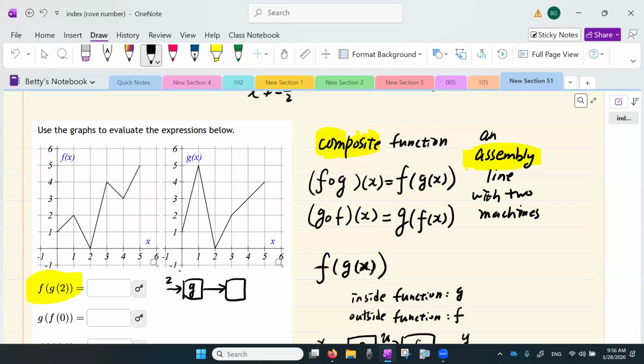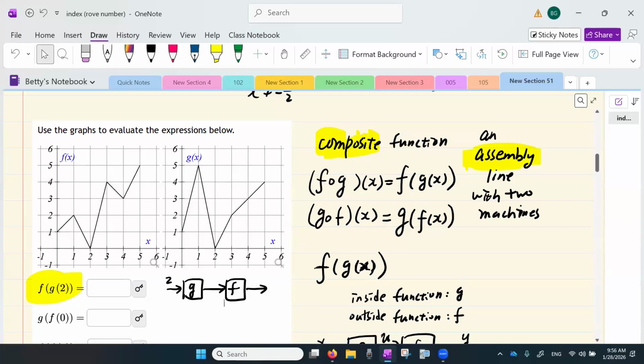And then go through f. So on your scratch paper, you're going to draw these two machines. Inside machine first, which is g, and the outside function machine f. The input is 2. Let's see, when you put a 2 in the machine g, what is going to come out? What would happen after the machine g? Then that's going to be g of 2, right? Since we're looking at 0. How do you get a 0?